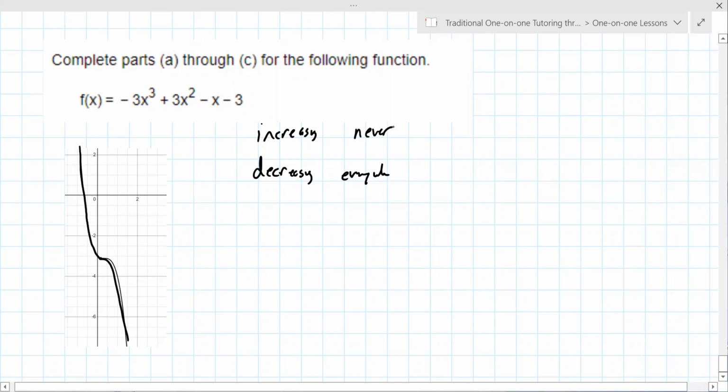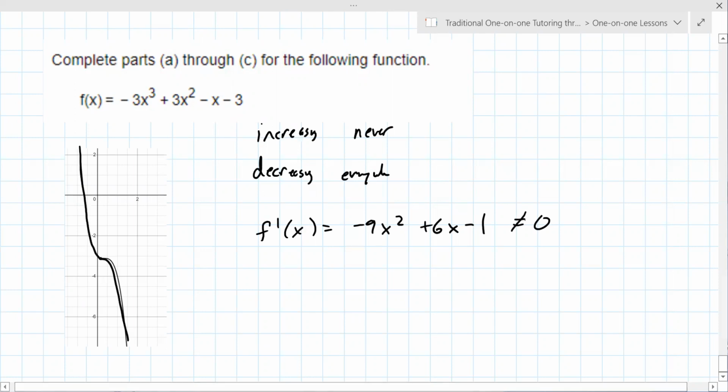Now we can confirm that by the first derivative. The first derivative is minus 9x squared plus 6x minus 1. And this apparently never equals 0, which is why it's decreasing everywhere. This is always negative.